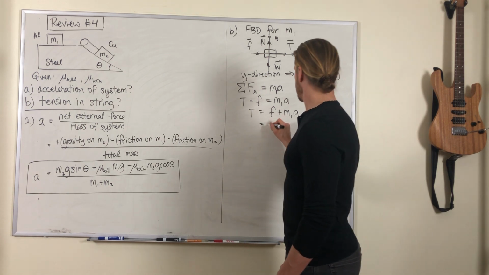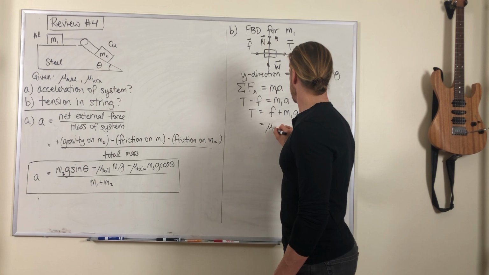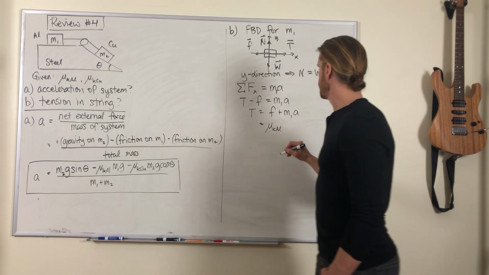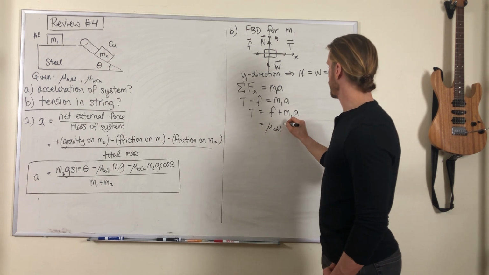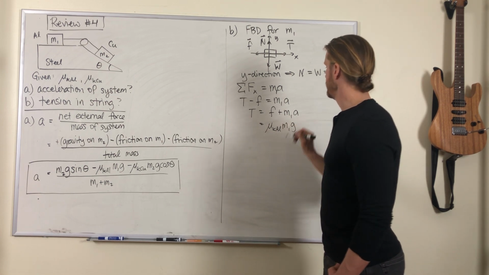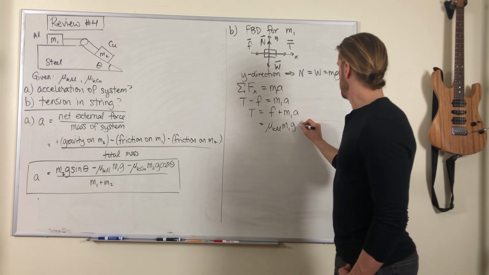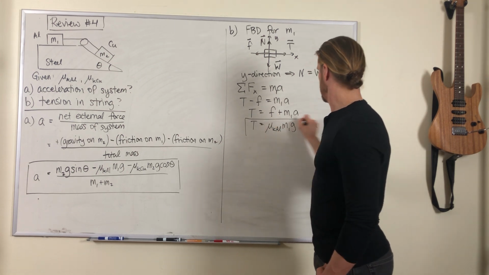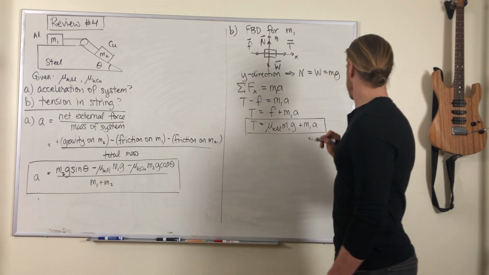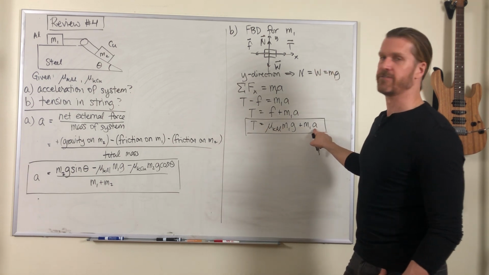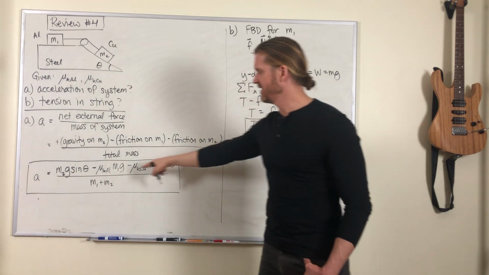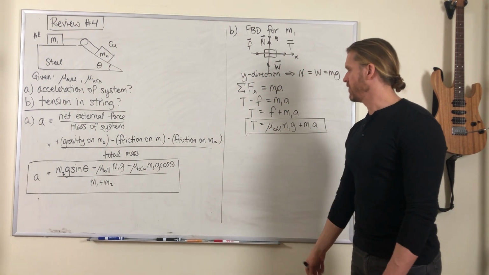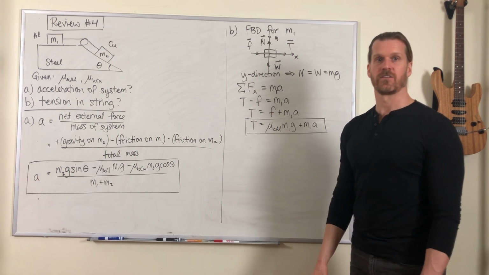And that friction force equals mu K Al for aluminum times the normal force, which was M1 g, plus M1 a. We already found a, the acceleration, in the previous part of the problem. So now we know how much tension force that string is providing.